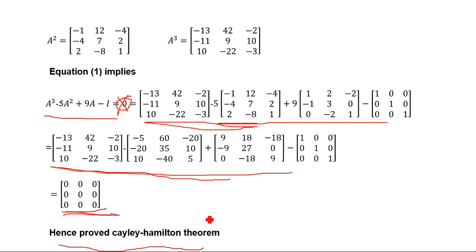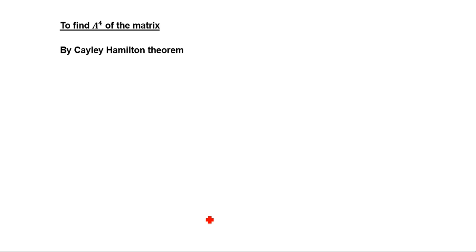Next we have to find A power 4. To find A power 4 by the Cayley-Hamilton theorem, we already proved that A cube minus 5A square plus 9A minus I equal to 0. Multiply by A on both sides. So when you multiply by A here, what do you get?